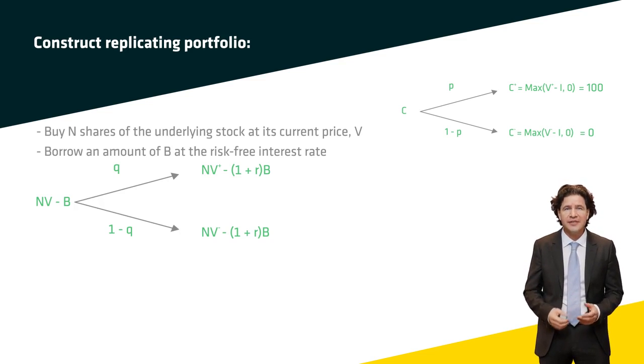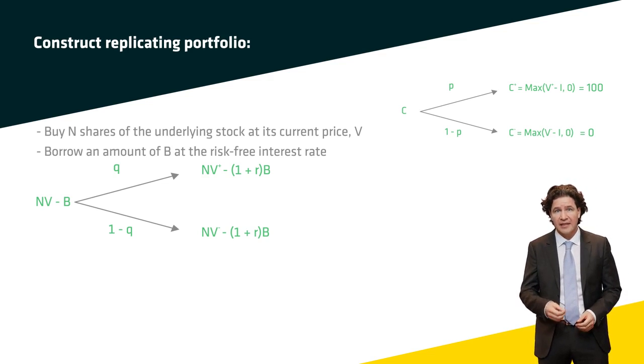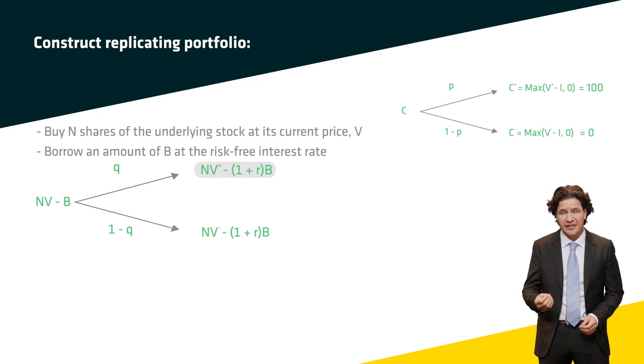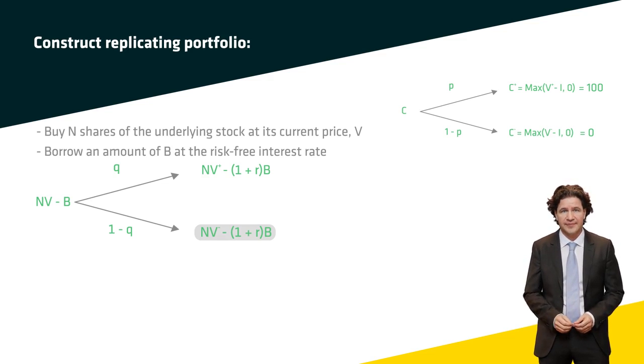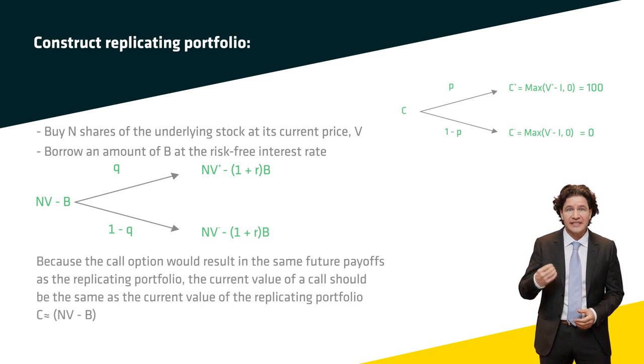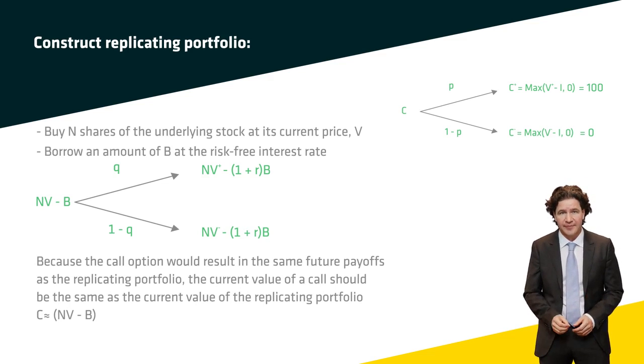After one period, we would need to repay the principal amount borrowed at the beginning, B, with interest, so 1 plus R times B. The value of this portfolio over the next period will thus be either N, the number of shares, times the up value minus 1 plus R times B, or N times the down value of the stock minus 1 plus R times B. If the portfolio is to offer the same return in each state as the option, the value should be the same.